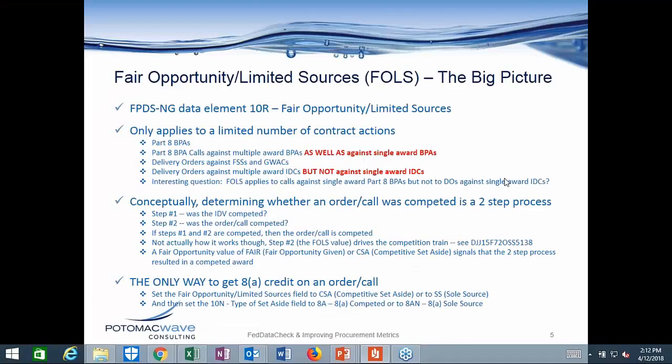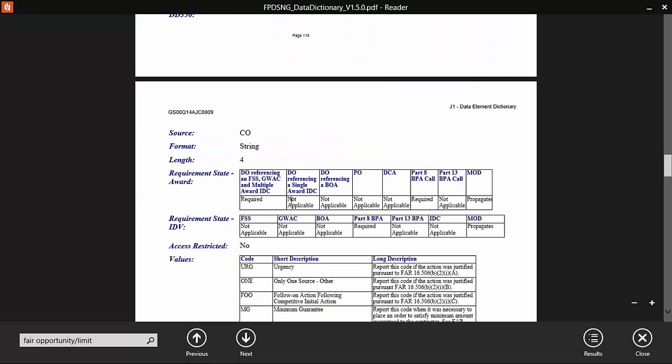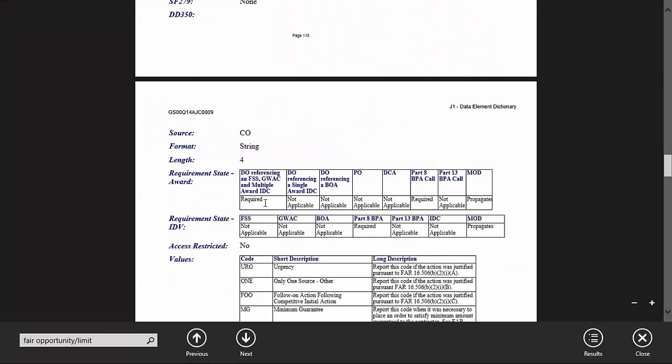Now, a curiosity, which is going to be in that final twist: if we pull back this data dictionary, you fill it in if it's referencing a multiple award IDC, required. You don't if it's a single award IDC. Part 8 BPA call, it's required.